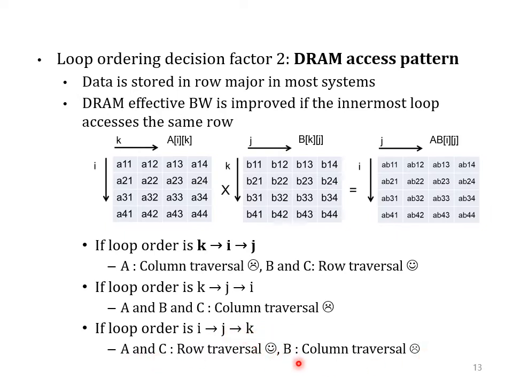It's going to be bad for the matrix B. You can verify if this is true on your own. What I'm trying to say is that the DRAM access pattern is another thing you should consider when you decide the loop ordering inside the block.